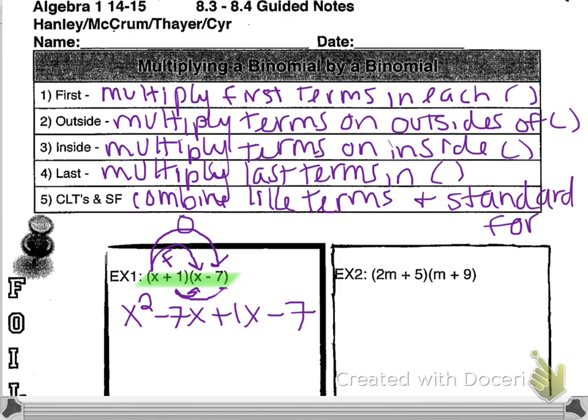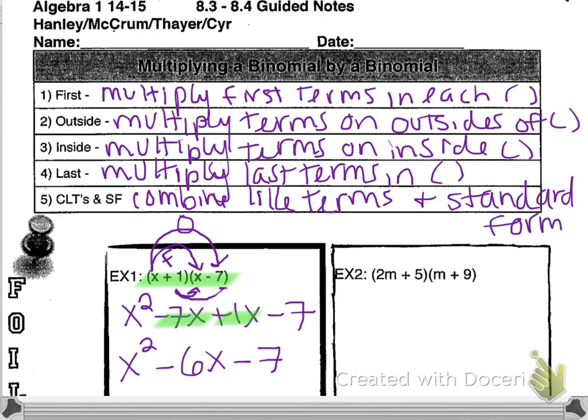Later, when we use these to actually graph quadratics, it will be very helpful if it's in standard form. So last step is just combining like terms. I see a negative 7x and a plus 1x are the only like terms I have. So I'm going to bring down my x squared. Then I have negative 7 plus 1 is negative 6x minus 7. So there, we've just FOILed.